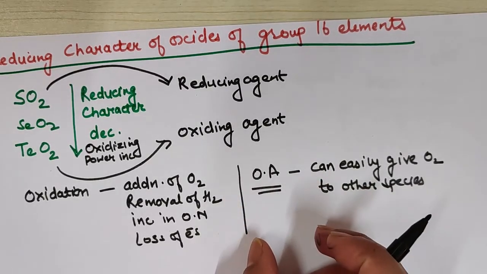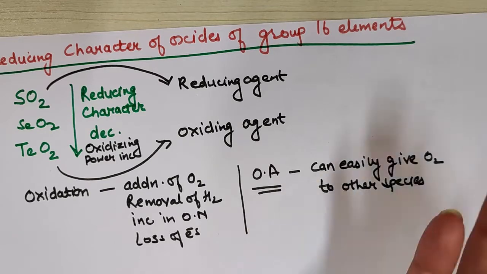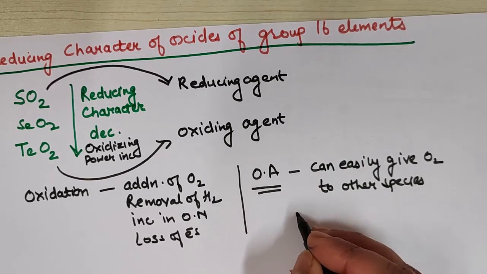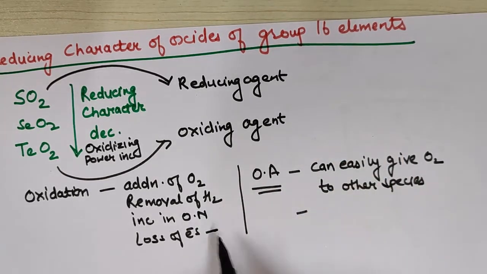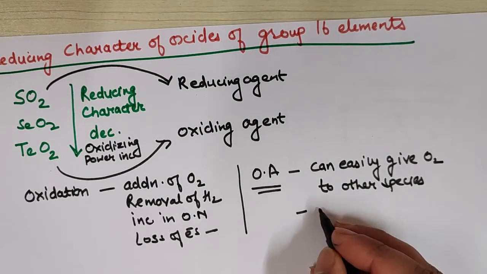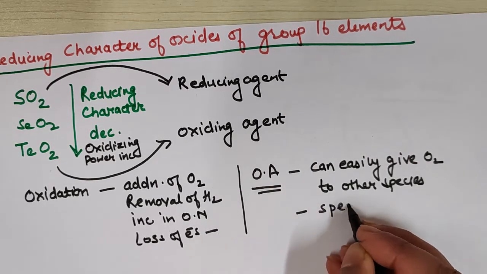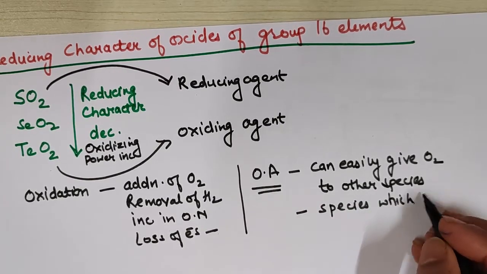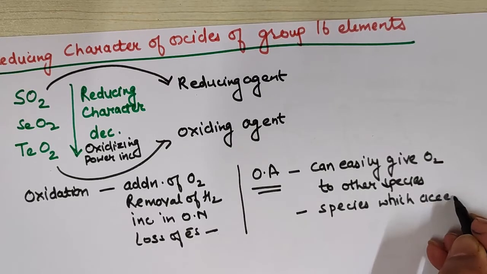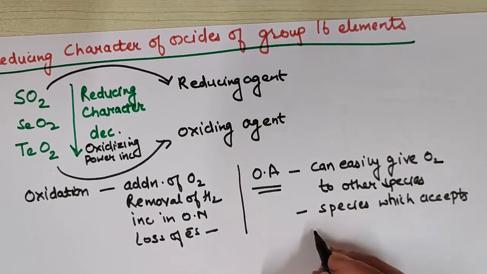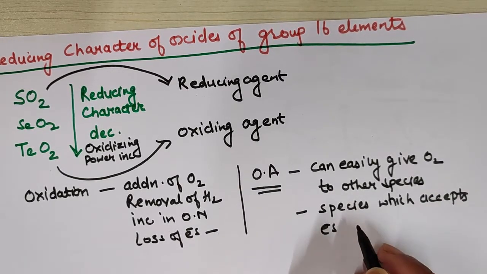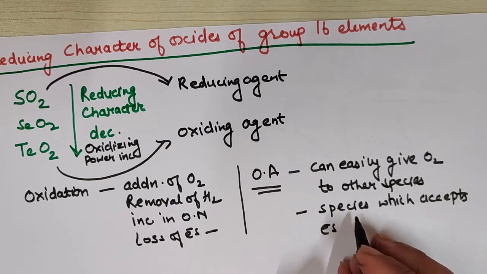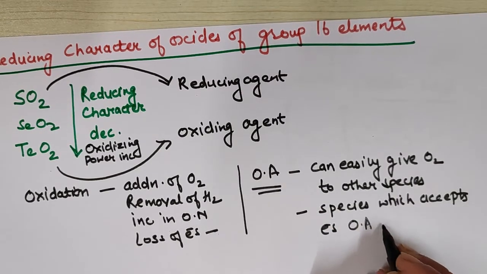In terms of electrons, the species which accepts electrons is known as an oxidizing agent.